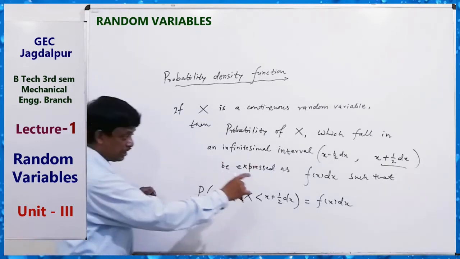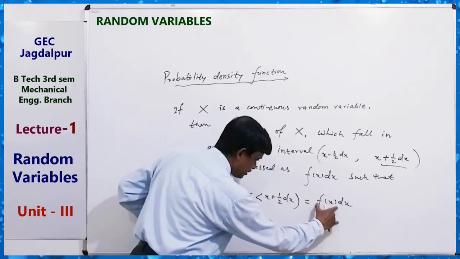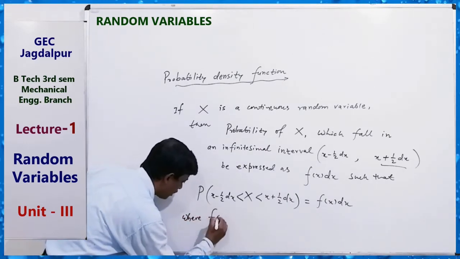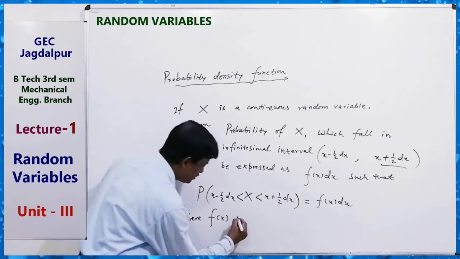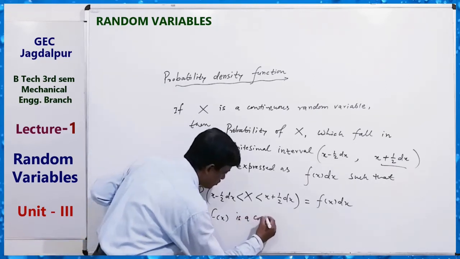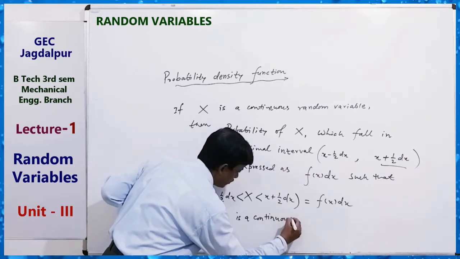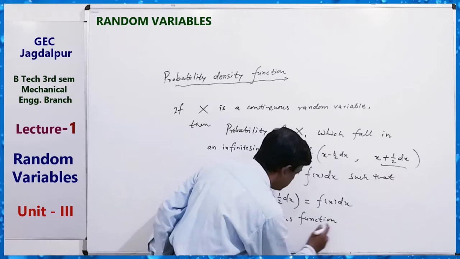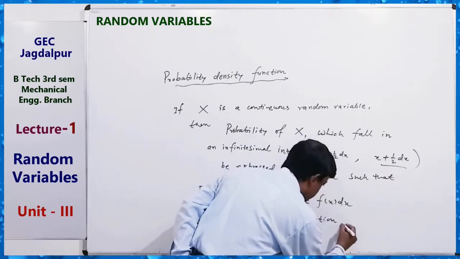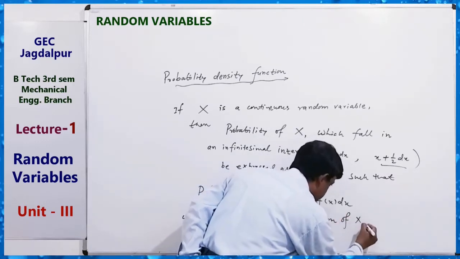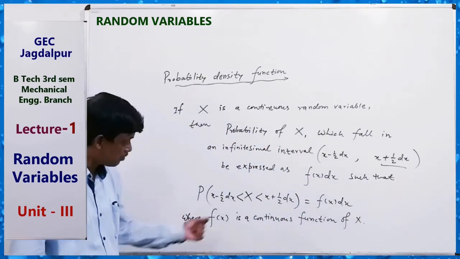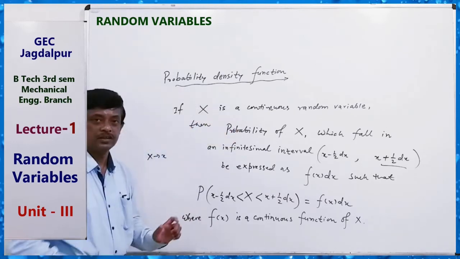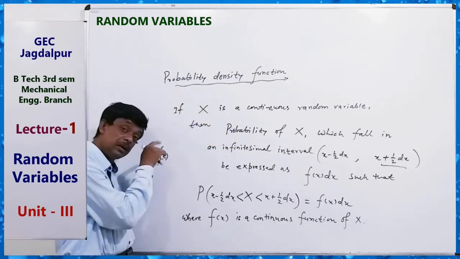Here f(x) is a continuous function of x, meaning capital X takes values small x, 1, 2, 3, 4, 5, 6, up to n. So f(x) is a continuous function.